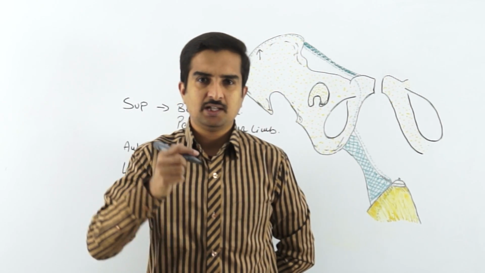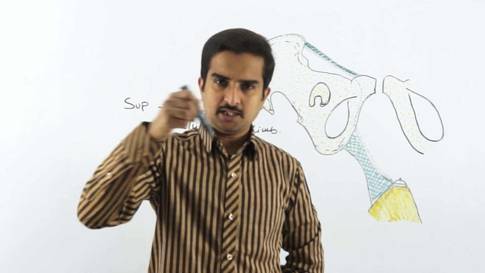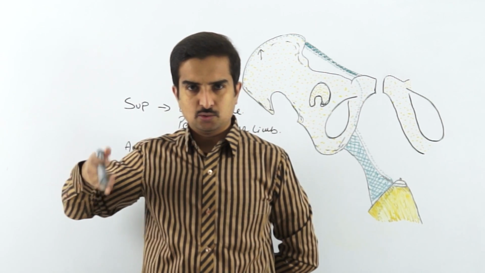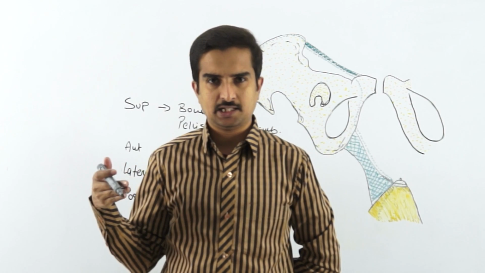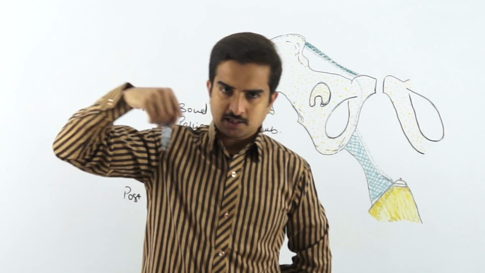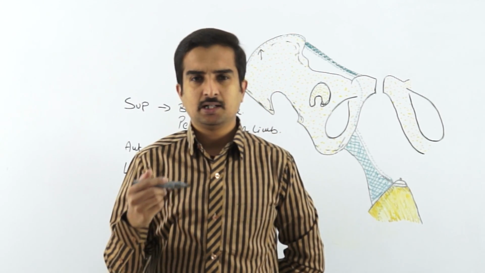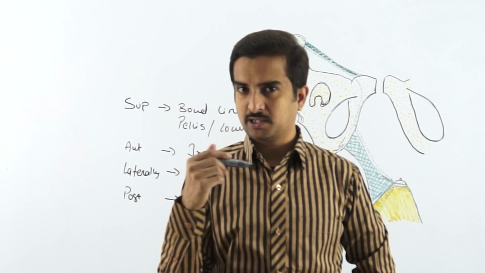Remember, here we are discussing the attachment of the fascia lata: anteriorly the inguinal ligament, and it goes laterally to the line along the iliac crest. From there it runs posteriorly through the gluteal fascia, giving attachment to the sacrum, coccyx and the sacrotuberous ligament.